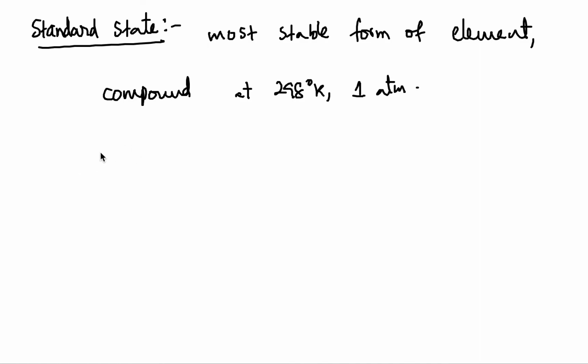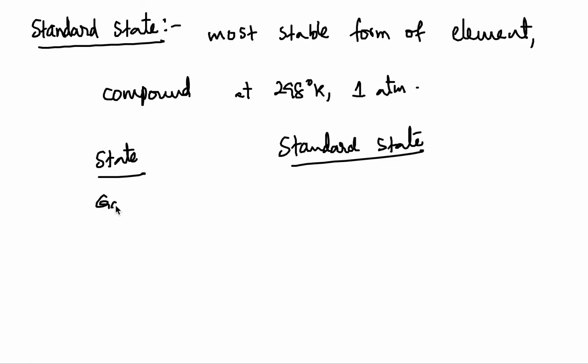Now let's take a gas. A gas has several states, but the state that has 1 atmosphere pressure at 298 Kelvin is known as the standard state. All remaining states are non-standard states.